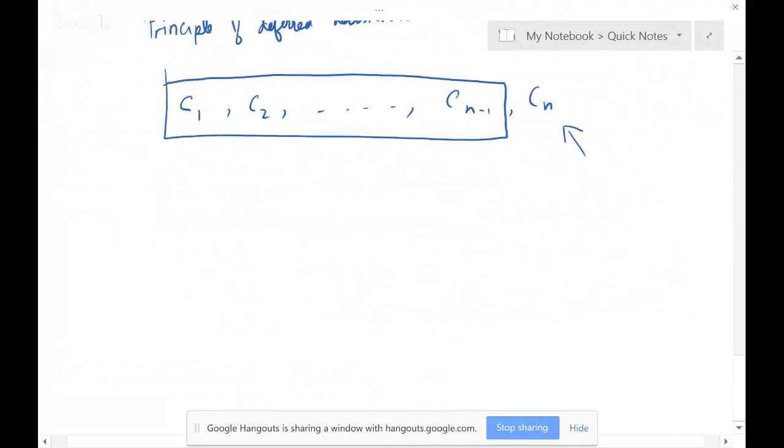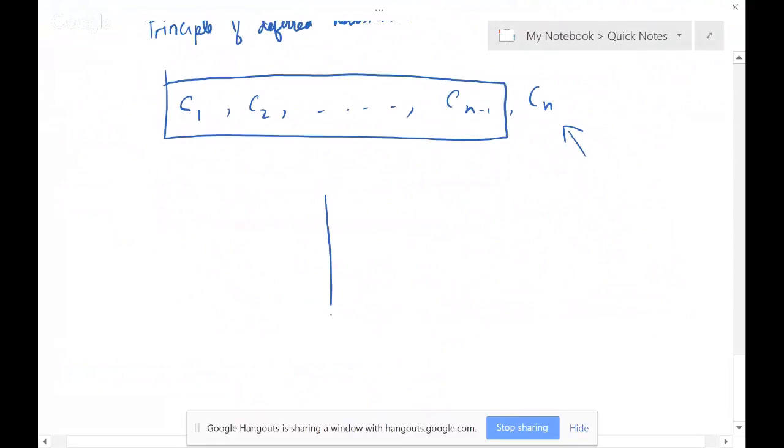Now, how does this relate to the law of total probability? What are we doing when we set C1 through Cn-1?